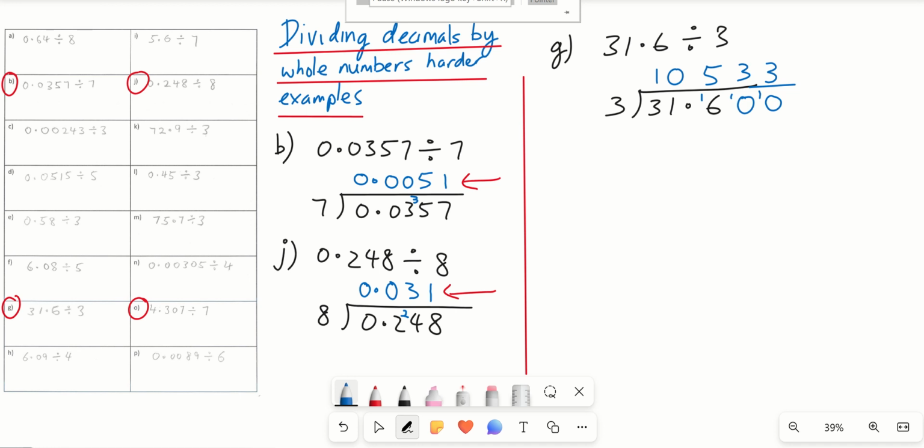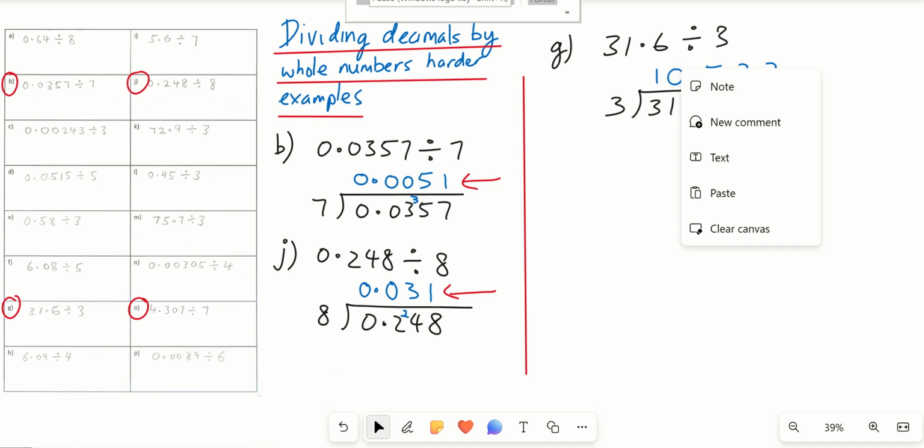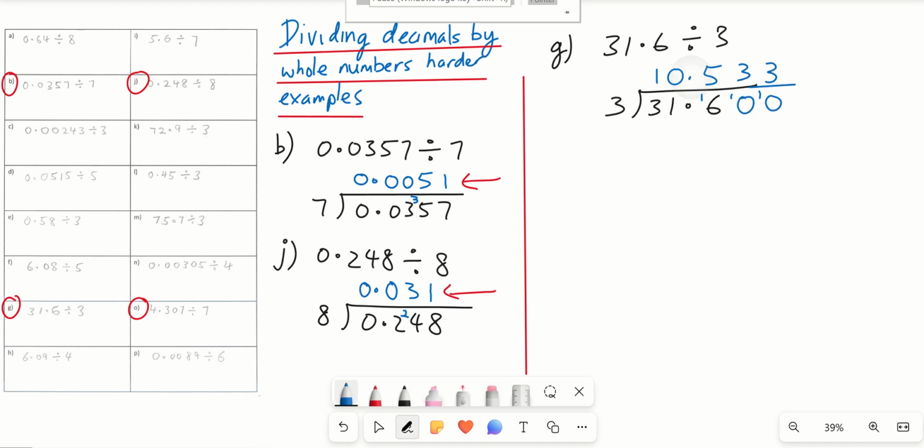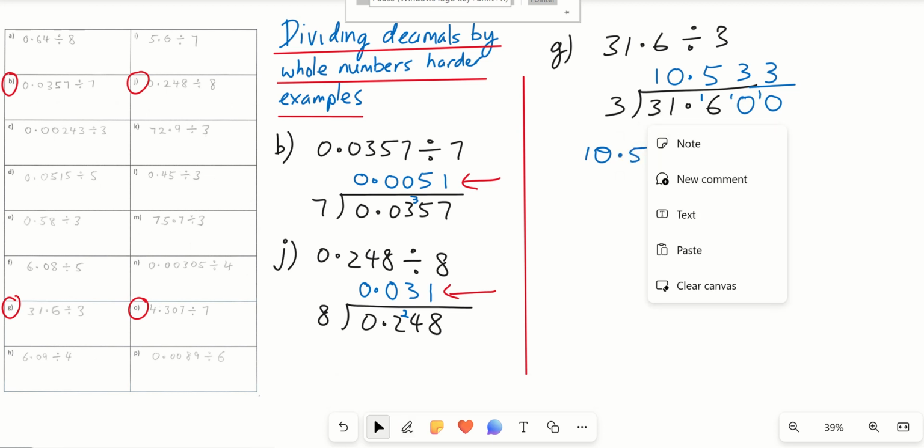So putting the decimal place in the same position as the dividend, we have 10.533. And the way to indicate that the 3 is going to continue would be to write it as 10.53 with a dot on top of the 3.